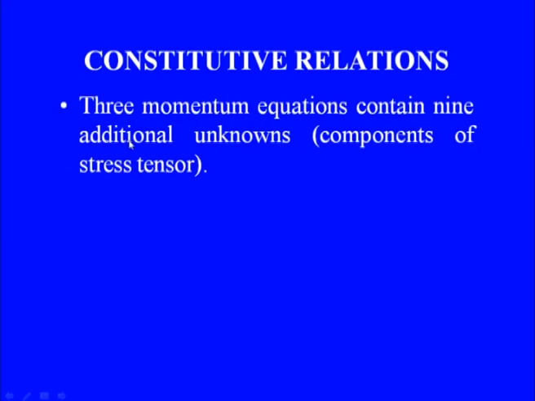We have got more number of unknowns than the number of equations, and that brings us to the topic of what we call constitutive relations. That is, we have got 9 additional unknowns which are components of stress tensor in our momentum equation. Now these 9 unknowns must be modeled or expressed in terms of our primary unknowns, which are velocity, pressure and density.